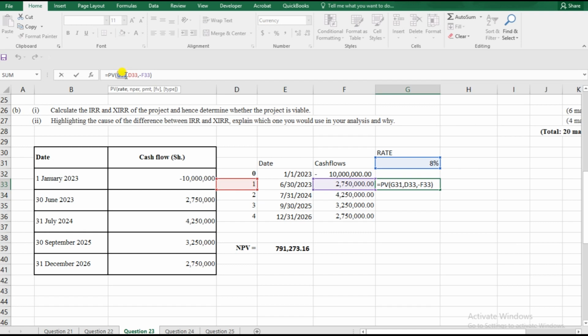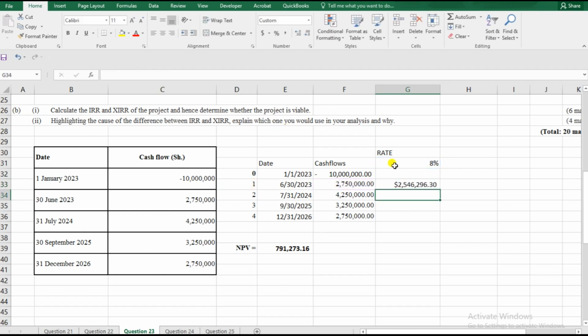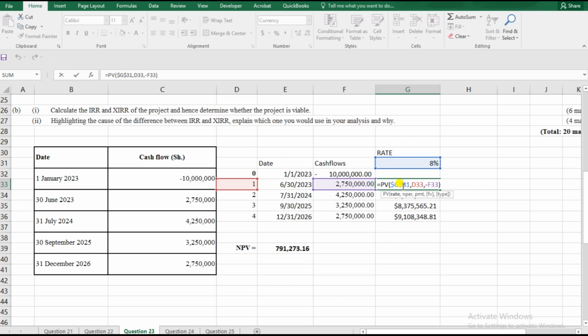We can lock our rate, so that it will be the same all through. Then I scroll it like that to give us our values there. Then of course that is our PV, rate is 8%, which should give us that.